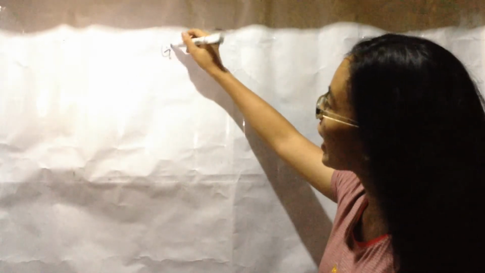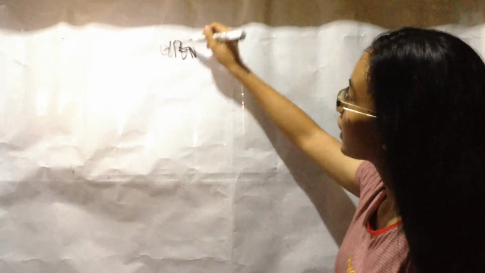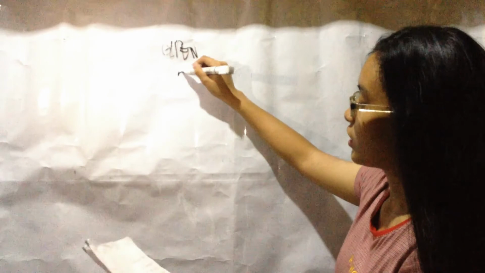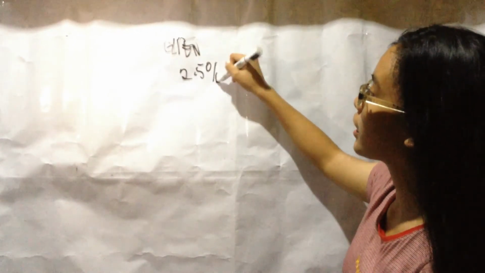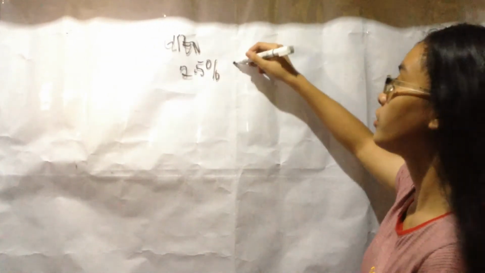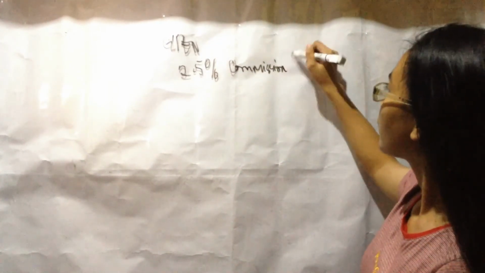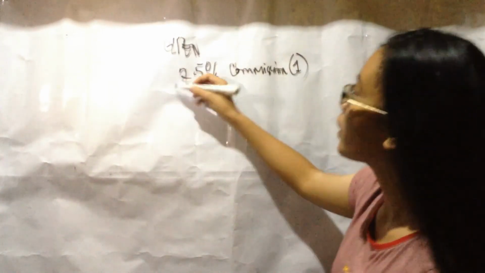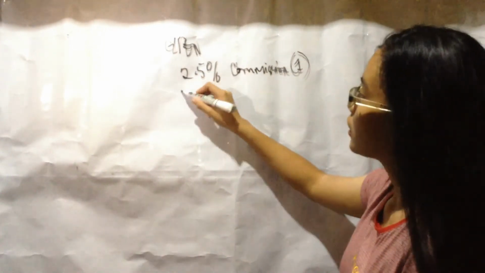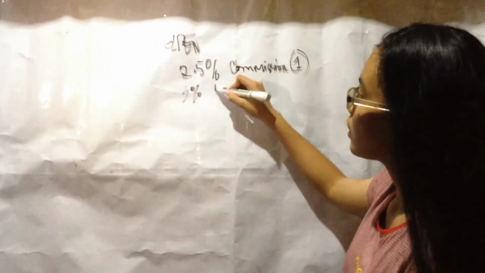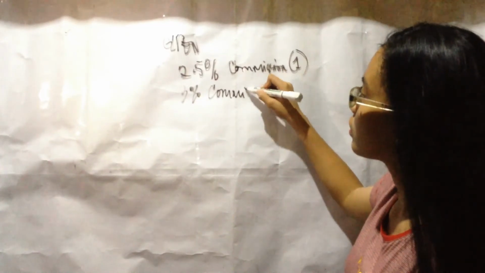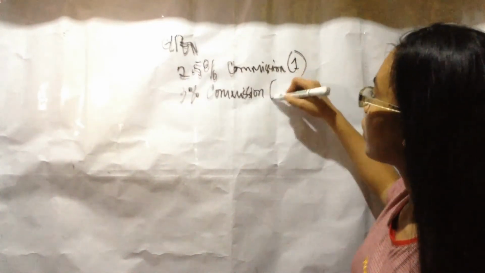So, given 2.5%, the first commission number 1, and then 3% commission number 2.